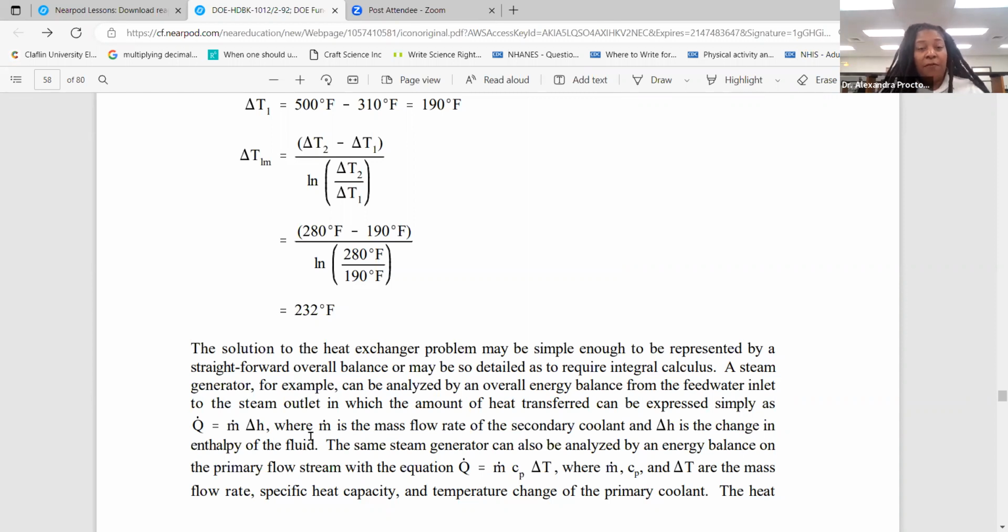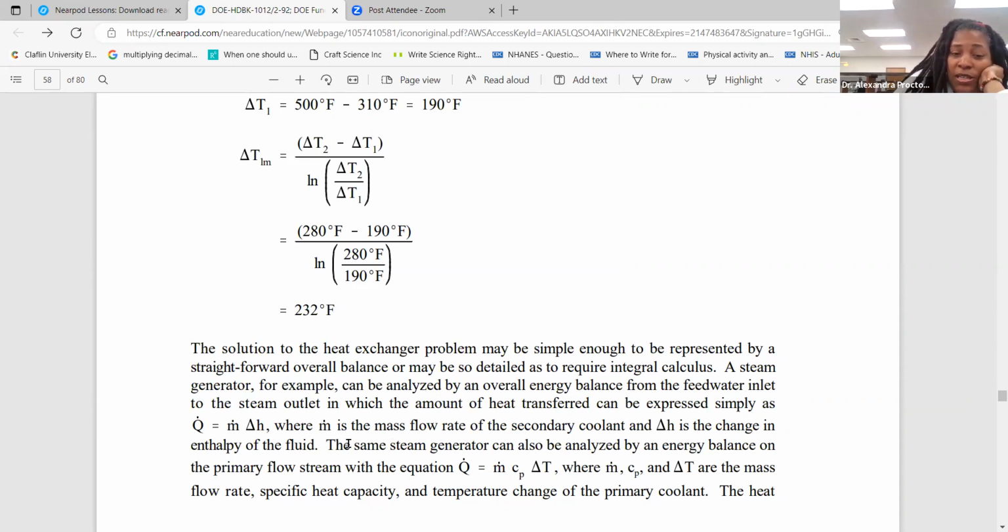A steam generator, for example, can be analyzed by an overall energy balance from feed water inlet to steam outlet, in which the amount of heat transfer can be expressed simply as Q equals m delta h, where m is the mass flow rate of the secondary coolant and delta h is the change in enthalpy of the fluid. Okay, so make sure you highlight this equation.